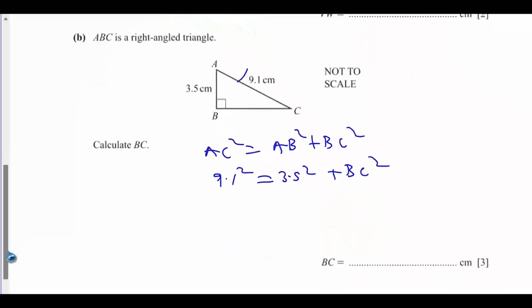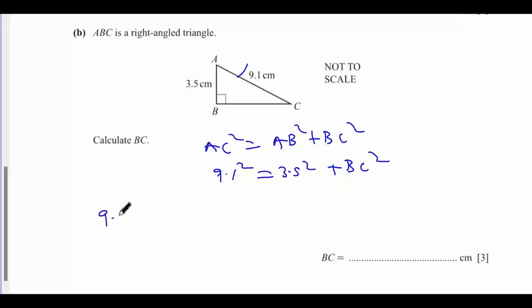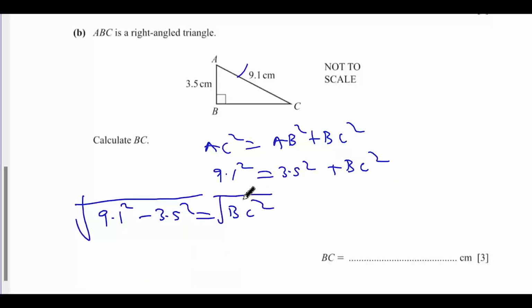So you can collect like terms: 9.1 squared minus 3.5 squared equals BC squared. Take the square root of both sides. So BC equals the square root of 9.1 squared minus 3.5 squared. If you do this, you should get the value of BC to be 8.4 centimeters. Let's go to the next question.